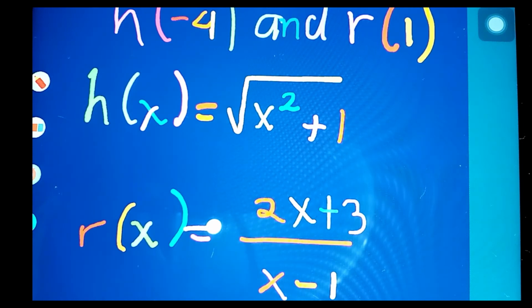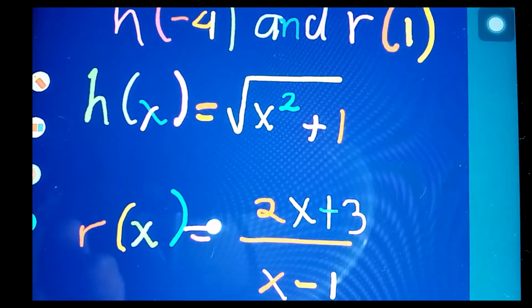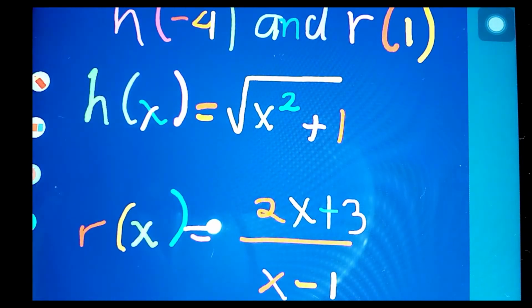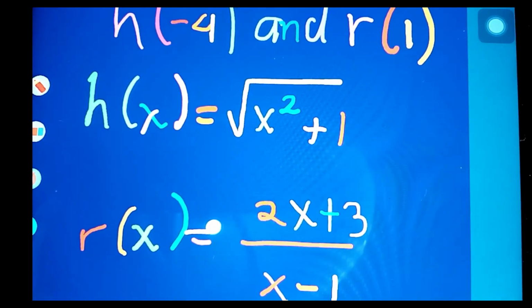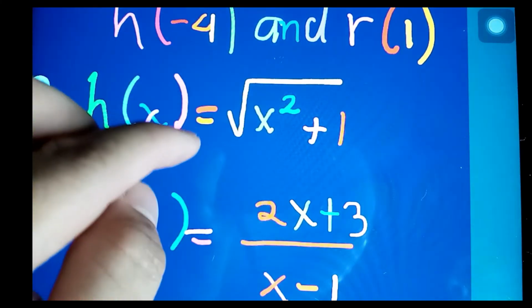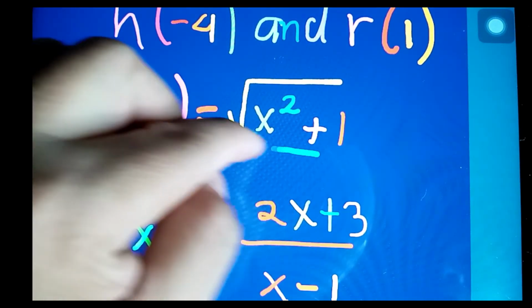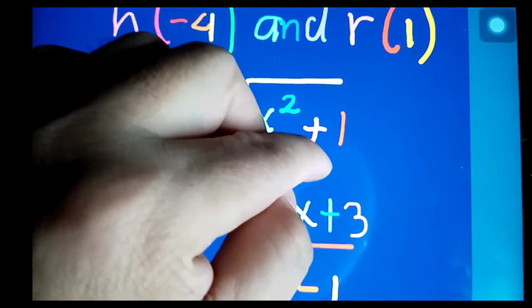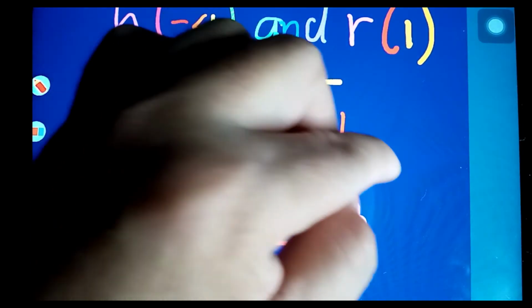So by substituting the domain value -4 into the function h of x, we have the square root of -4 squared plus 1, or we have the square root of 17.